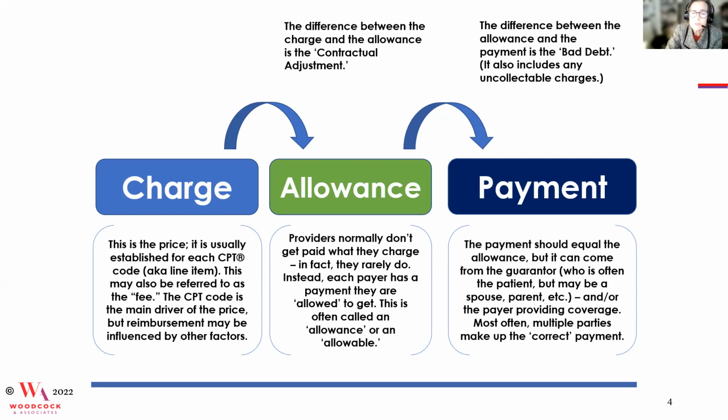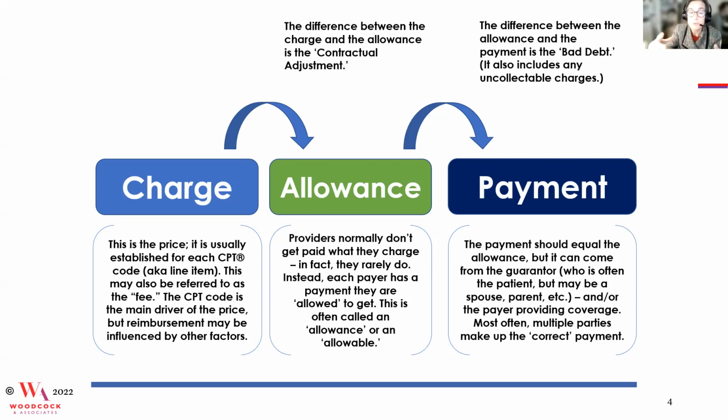And an allowance is the price that is established by the insurance company that is allowed for the physician to collect for that service. That's why we call it an allowance. You can see the root word allow.